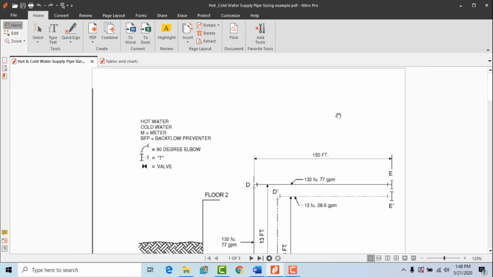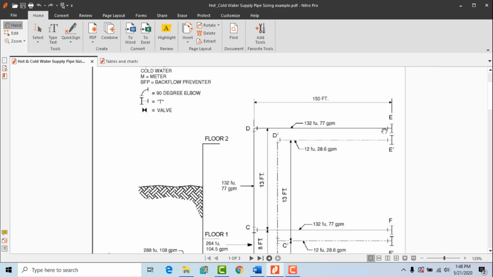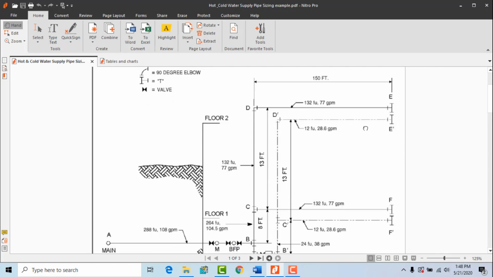As you can see, this is the highest fixture we have here, and as explained, the highest fixture group consists of flush valves. So you need to understand 2 things first. If your highest group of fixtures contains flush valves, then the pressure for that group should not be less than 15 psi, as per the International Plumbing Code, IPC.